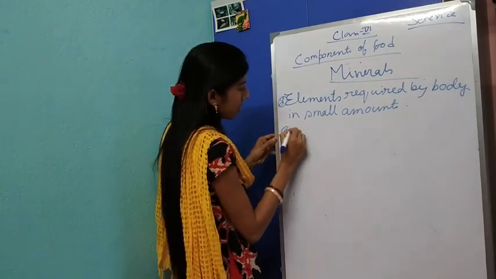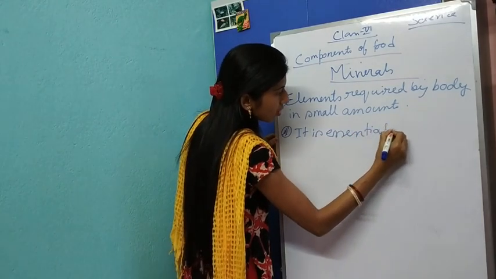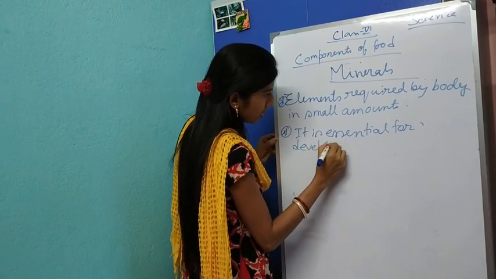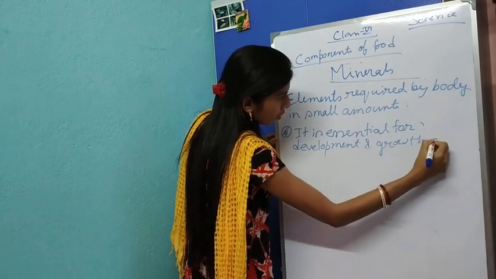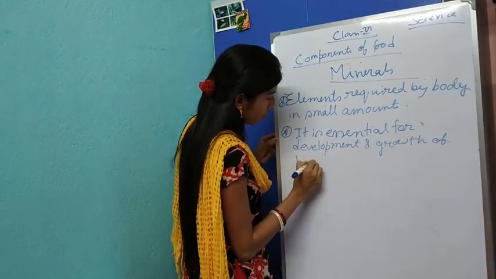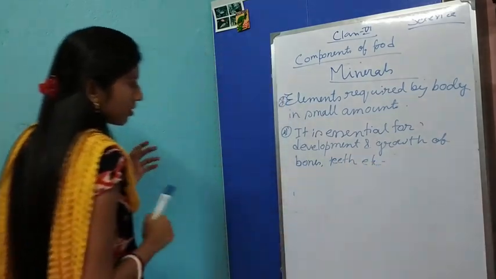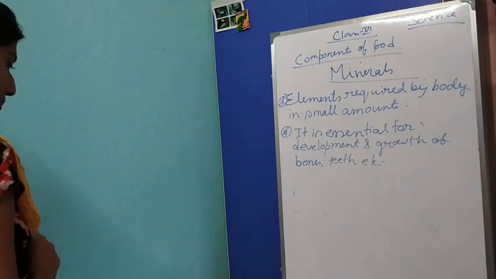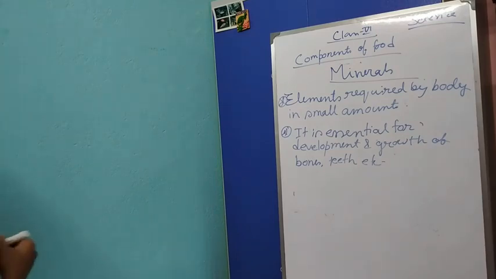It is essential for development and growth of bones, teeth, etc. So it is essential for development of our bones, teeth and so many other parts of our body. There are many different minerals present. What are they?